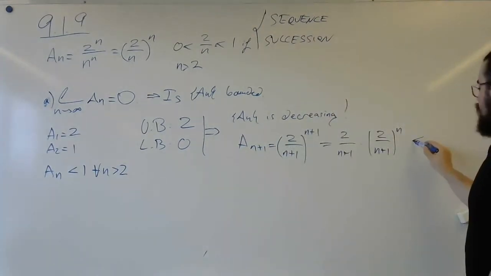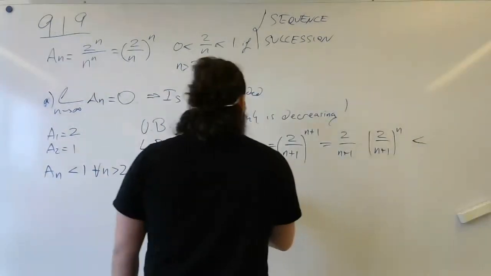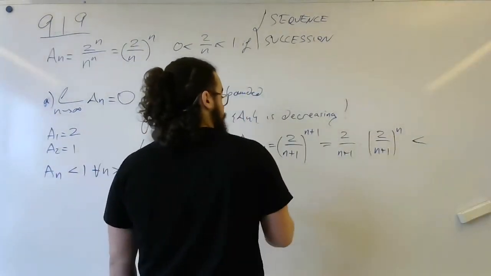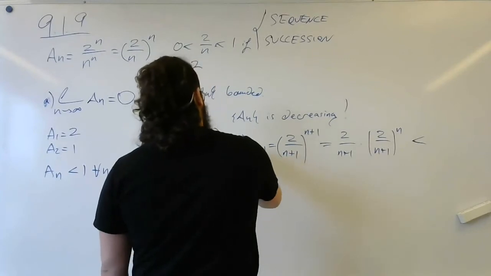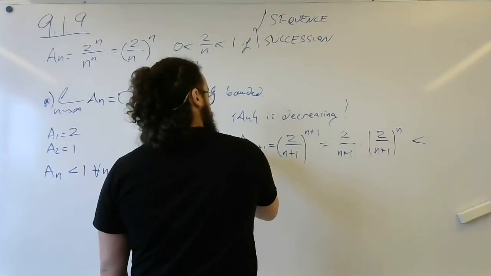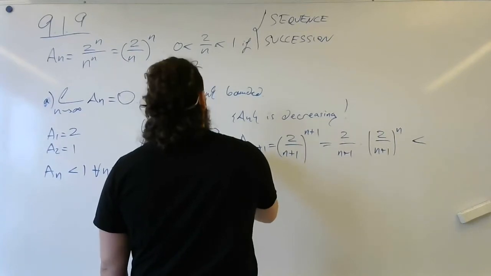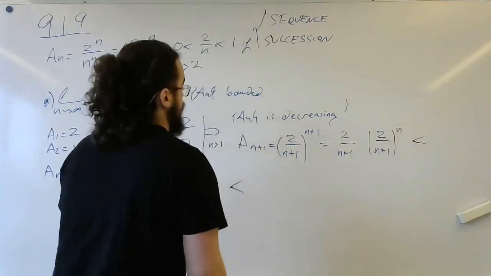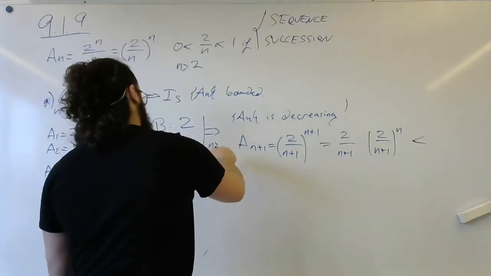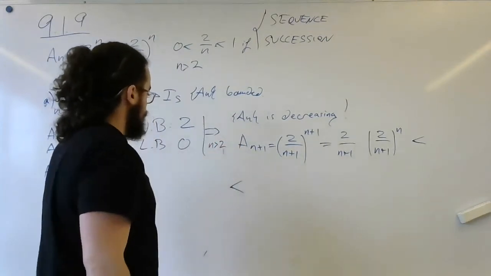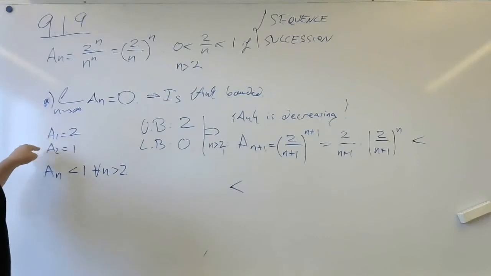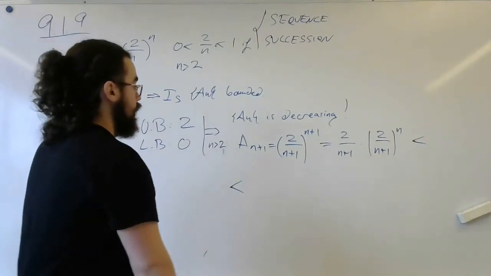This is smaller than 1 if n is greater than 2. If we have n equal 1 and 2, we have the comparisons here.